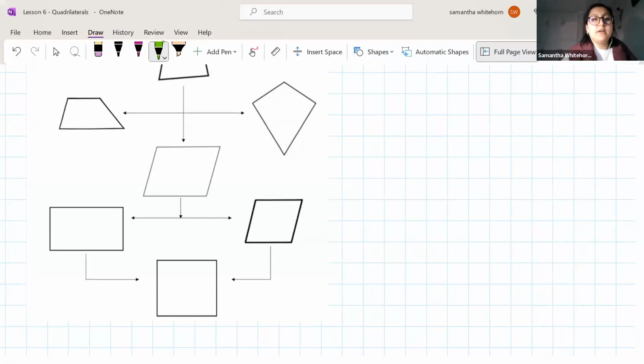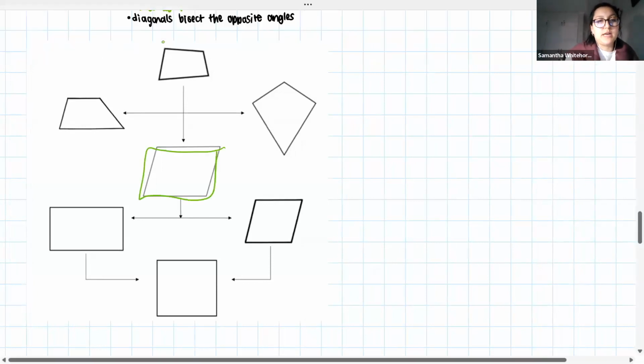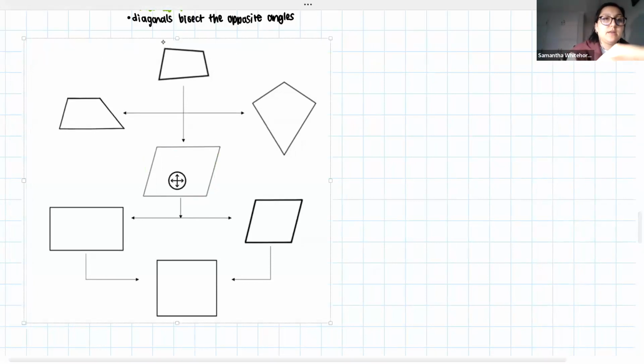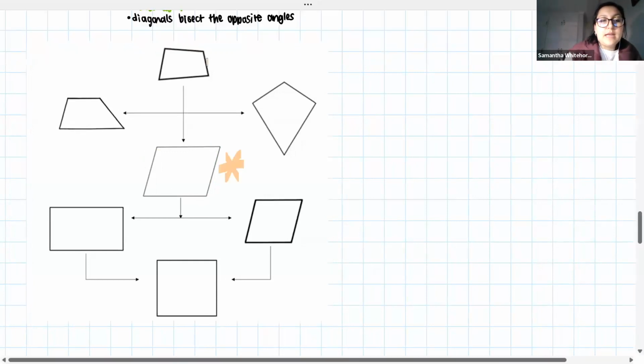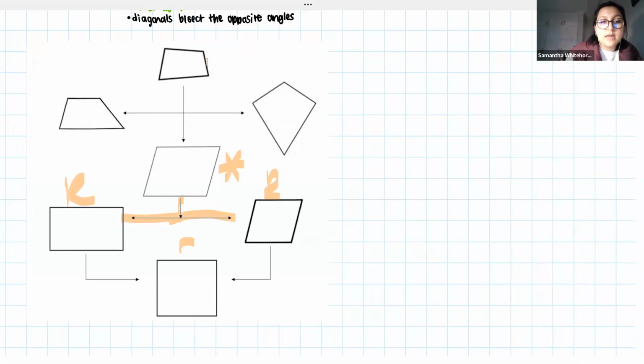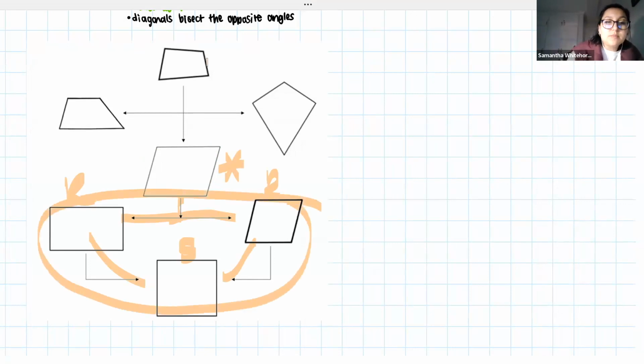If we look at the parallelogram specifically, it can branch off to the rectangle, the rhombus, and then combining those, the square. These three shapes at the bottom all come from the parallelogram. So they are all parallelograms. They are just special types of parallelograms. And that's what the family tree shows us.